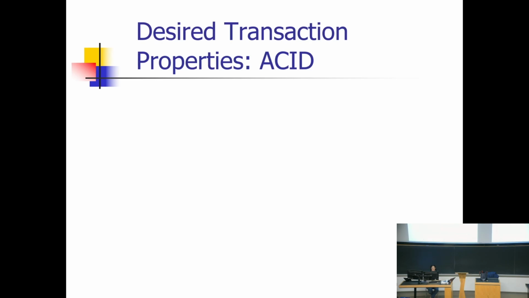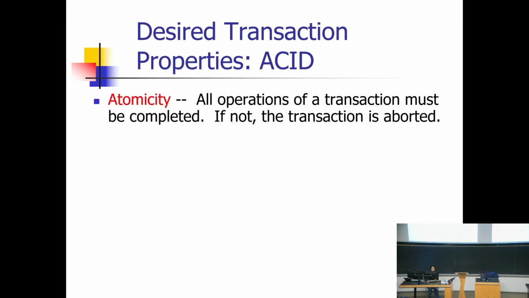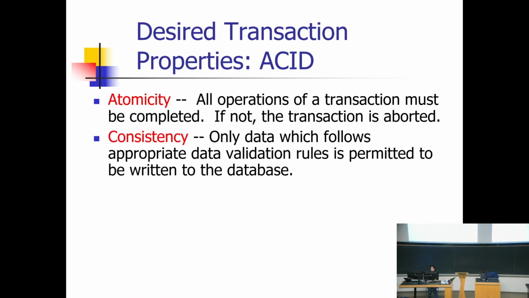And then we had ACID properties. What are ACID properties? A for atomicity. It means the transaction either succeeds or fails, right? So it means all or nothing. So all operations must be completed, if not, it is aborted. And then we have consistency, which means the database should always follow the rules that it has.